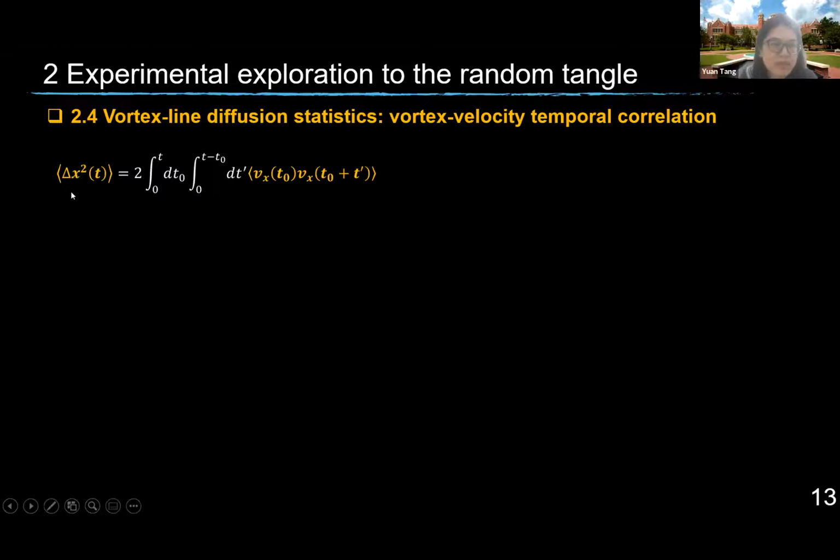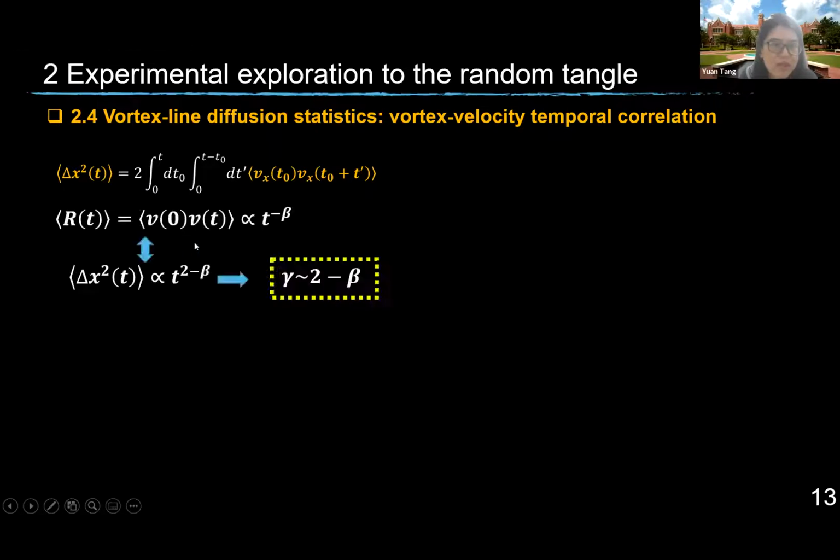Here we give a mathematical formula that relates the mean square displacement and the corresponding temporal velocity correlations. If the temporal velocity correlation scales as t to the power minus beta, then the corresponding mean square displacement will scale as t to the power 2 minus beta.